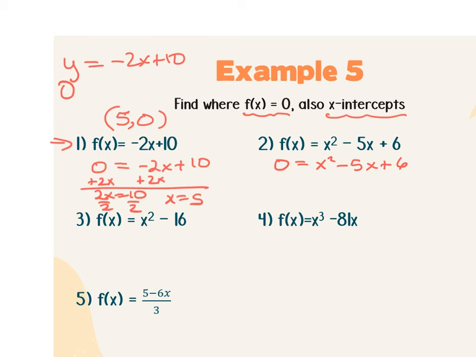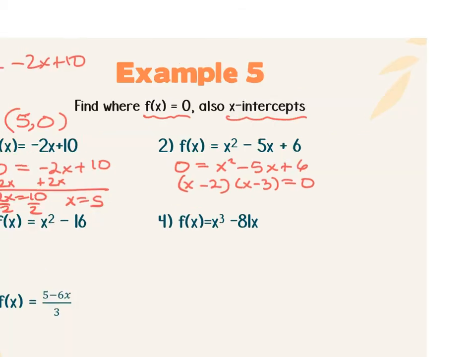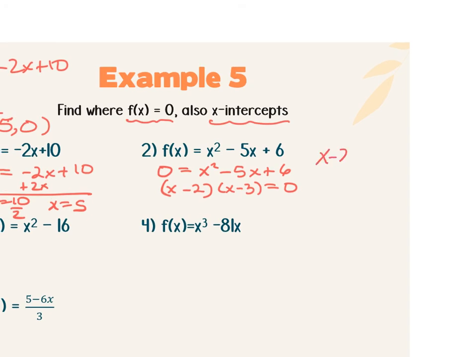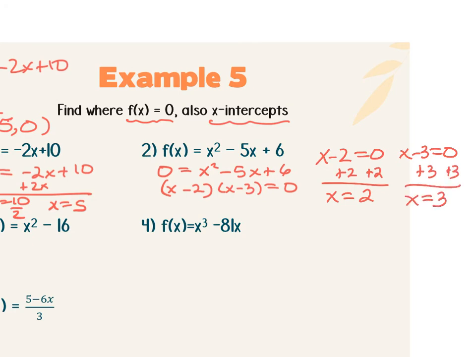Factors of positive 6 that give me negative 5, and that will be x minus 2, x minus 3. Set each of the factors equal to 0 and solve for x. My first one is x equals 2. My second will be x equals 3. As a coordinate, (2, 0), (3, 0).